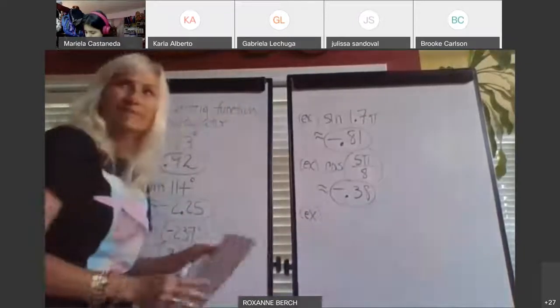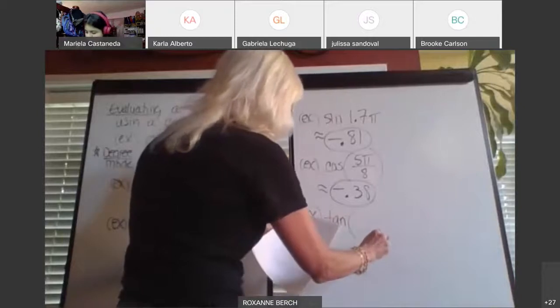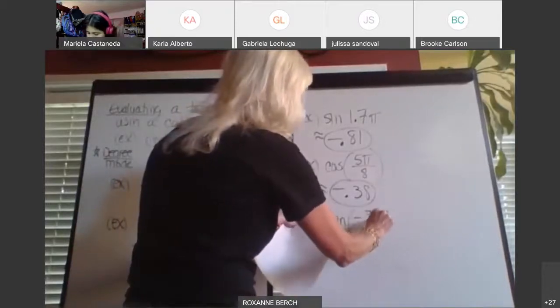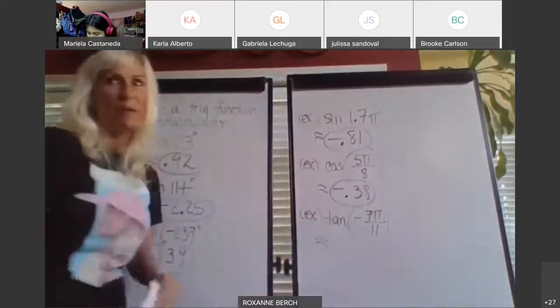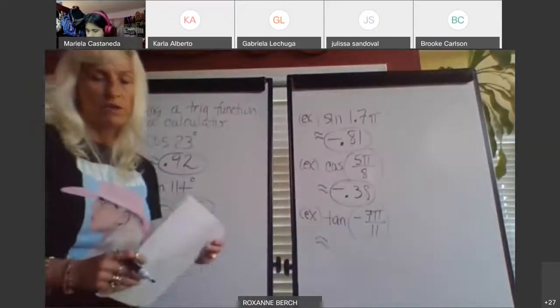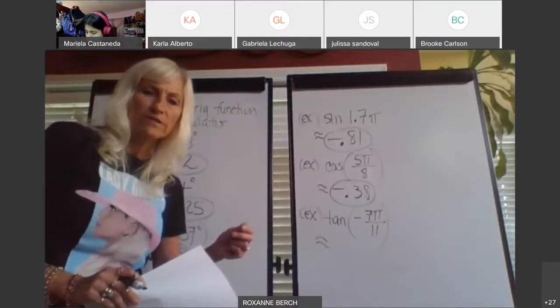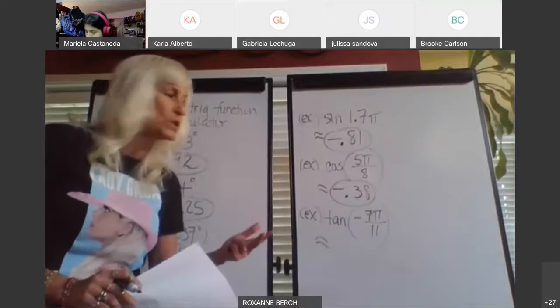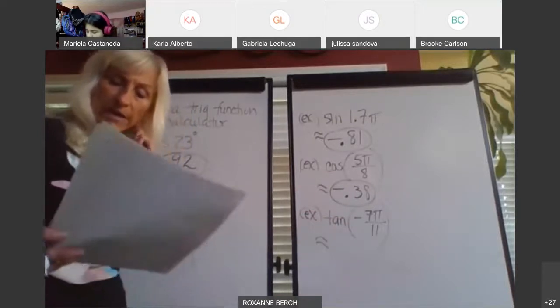Okay, one more. Tangent of negative 7 pi over 11. We don't know anything about that in the unit circle. In the unit circle, we have denominators of 3, 4, 6, 2, nothing with 11. So we would have to resort to using the calculator.